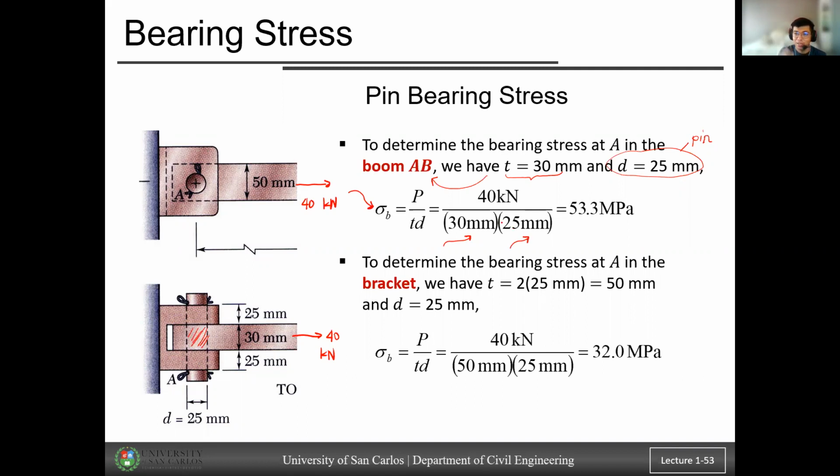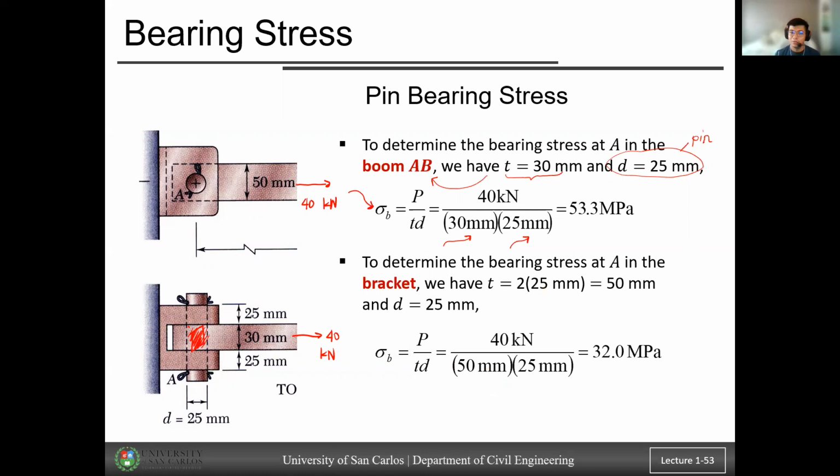The contact area is a rectangle, let's say like this, if ever the bolt does not fail.